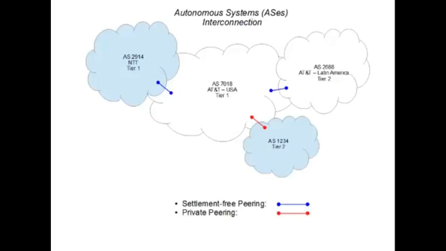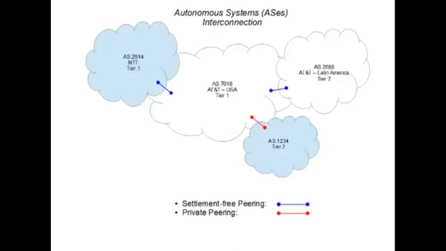A second kind of peering is private peering. Now, private doesn't refer to private networks, but rather the fact that the arrangement between the two networks, AS1234 and AT&T in this case, is done on a negotiated basis. So the arrangements and the settlement fees are set between the two.